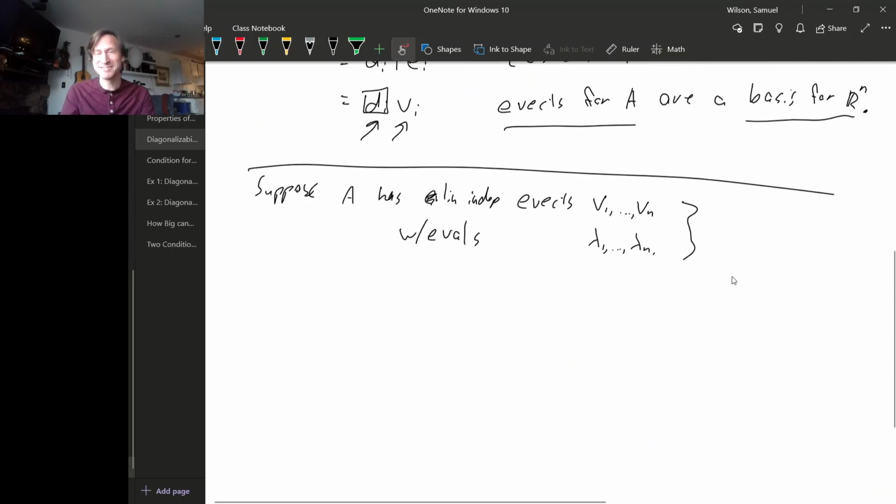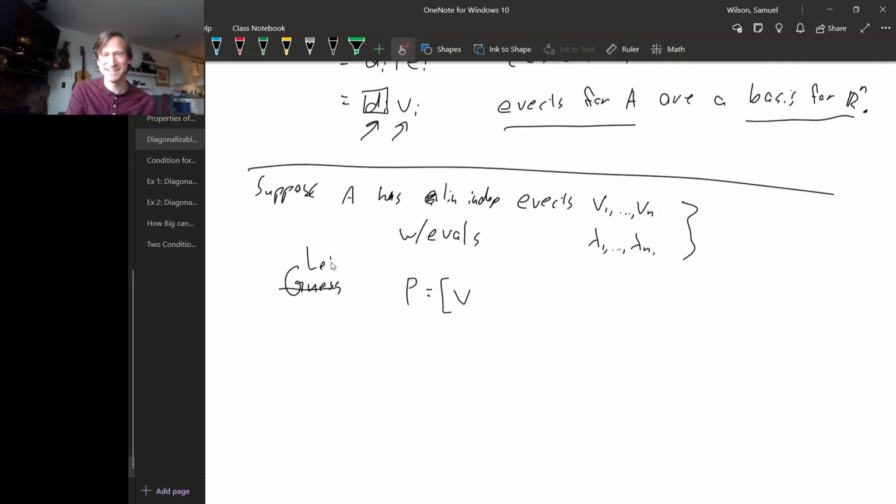So let's guess that the way to diagonalize A is to pack the eigenvectors into a matrix P.